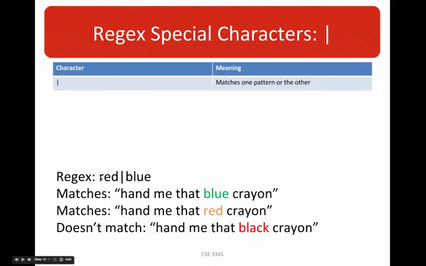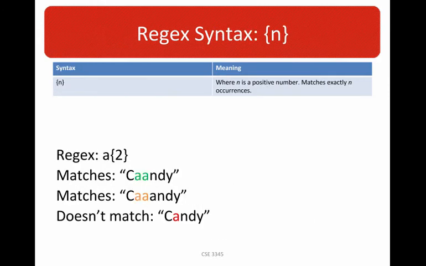What that means is if our input has the word red in it or the word blue in it, it is a successful match. So here we have hand me that blue crayon, and blue is a match here. Secondly, we have hand me that red crayon, and red is a successful match as well. However, if we say hand me that black crayon, that will not work because black is not red or blue. So pretty helpful right there.